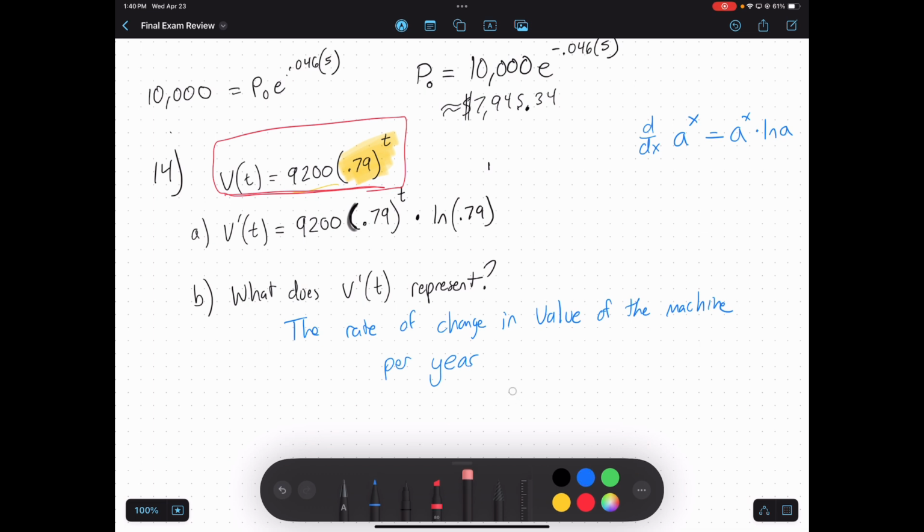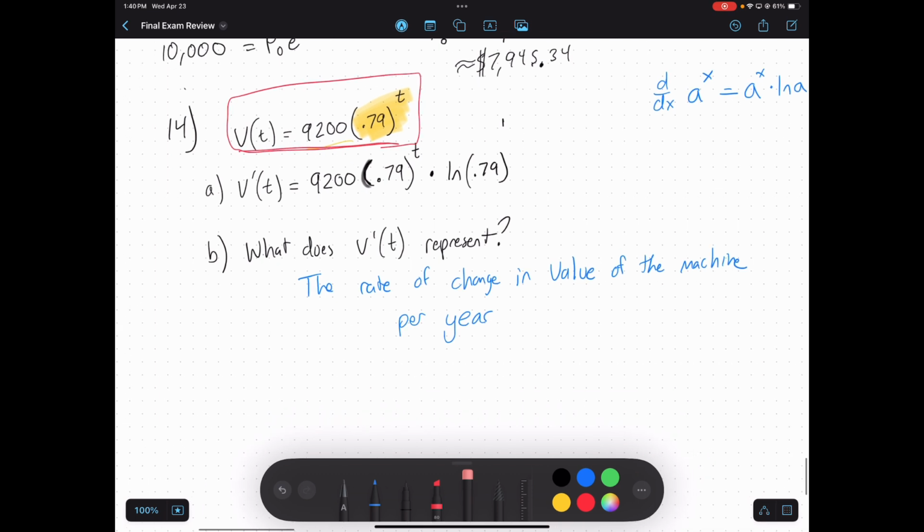And the way Mona described it is a great way to think about it. How much value does it lose each year? And we know it's losing value because it's a decay function.